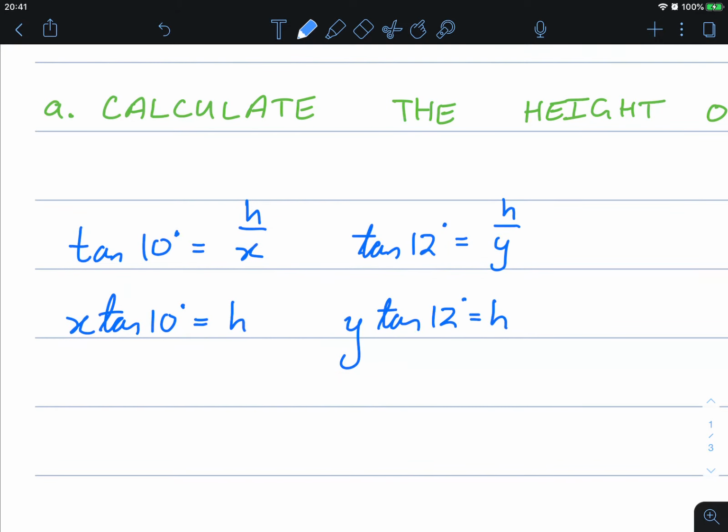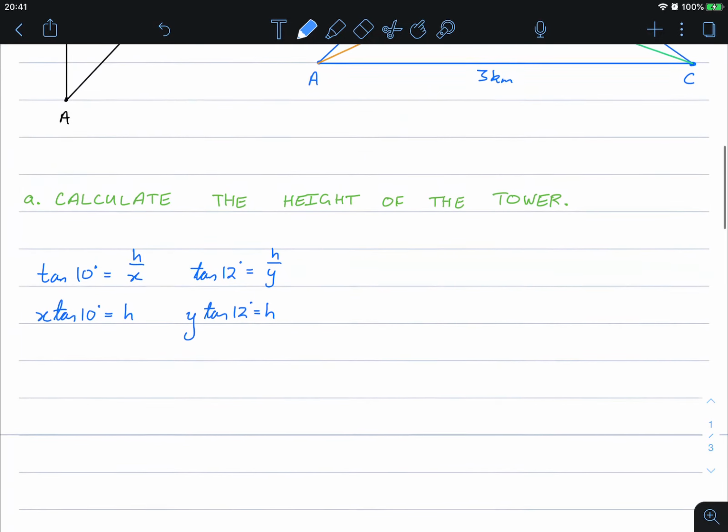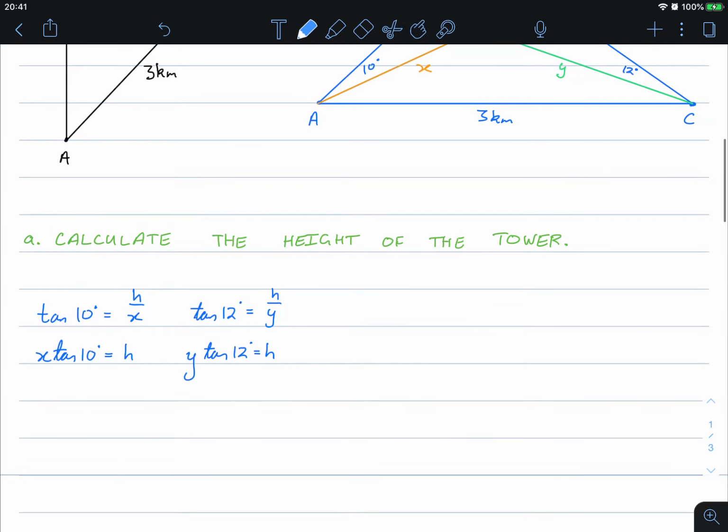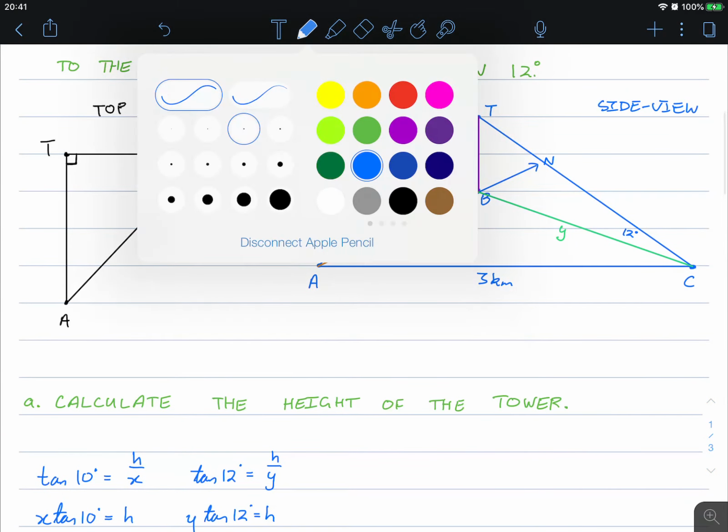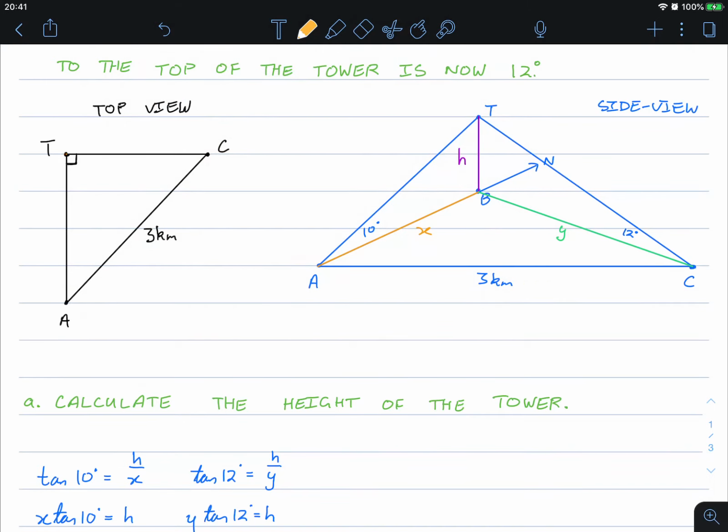It seems as if we need to figure out what X and Y are. So let's figure out if we can have any expression for X and Y. Let's label this a little bit further. X is the same length here, and Y is this same length here.